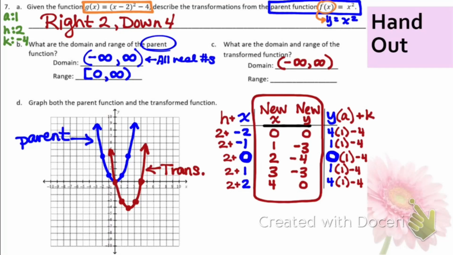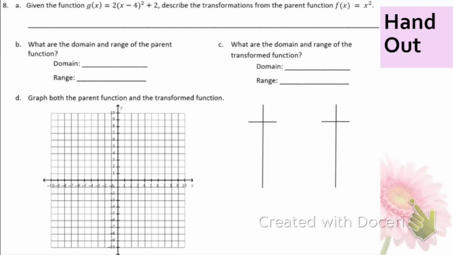Has a minimum. Where is that minimum? -4. It's always my smallest y value. Does it have a maximum at all? Keeps going. How do I write that then? Goes to infinity. It has arrows up on the top.